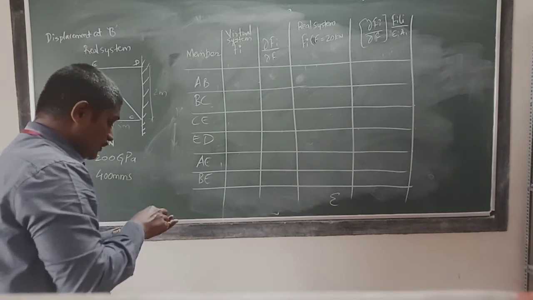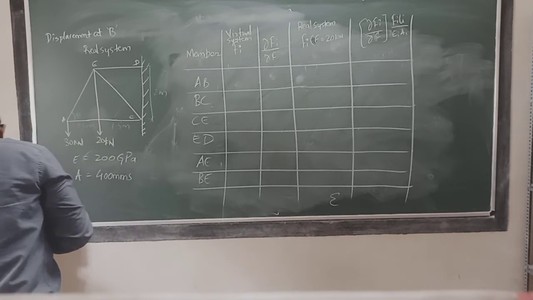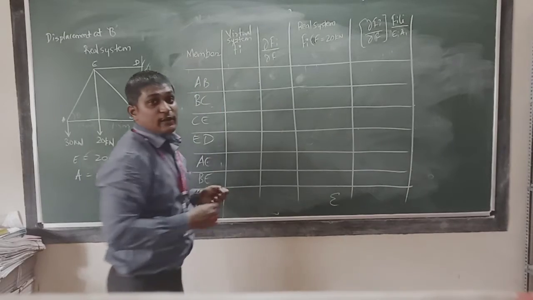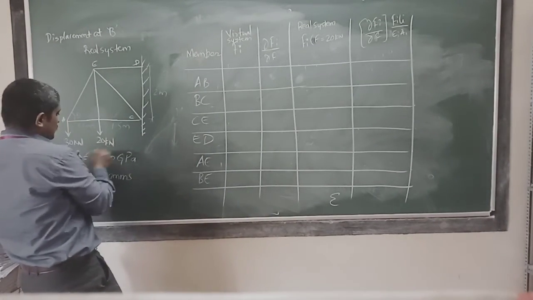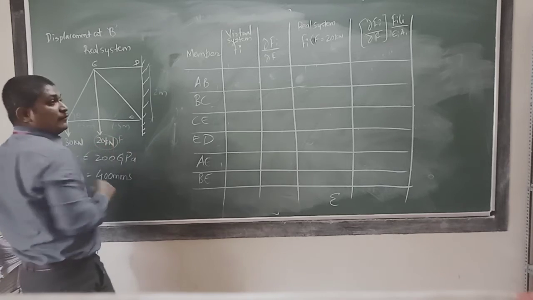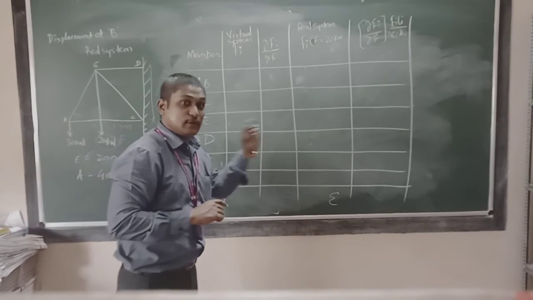Okay. Now see here, we have already calculated these Fi values by taking the virtual system, wherein instead of this we have applied F and we have calculated all the member forces in the virtual system, right?